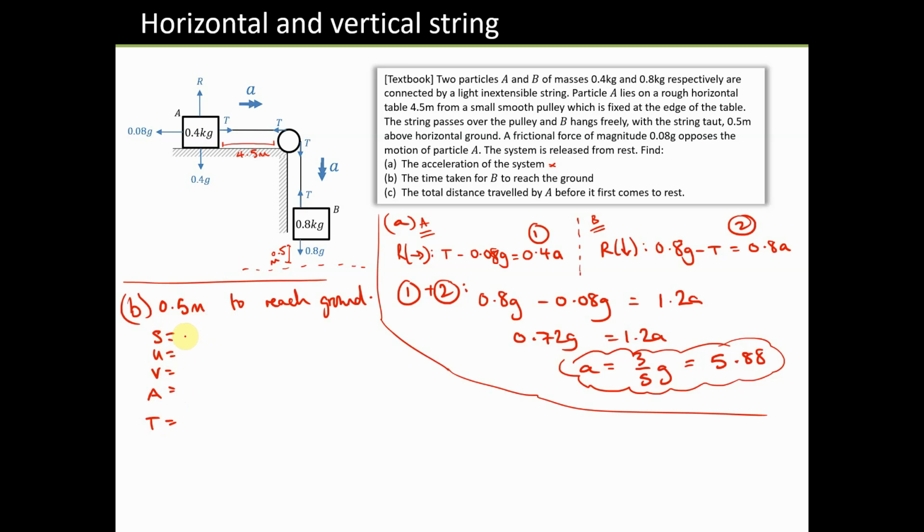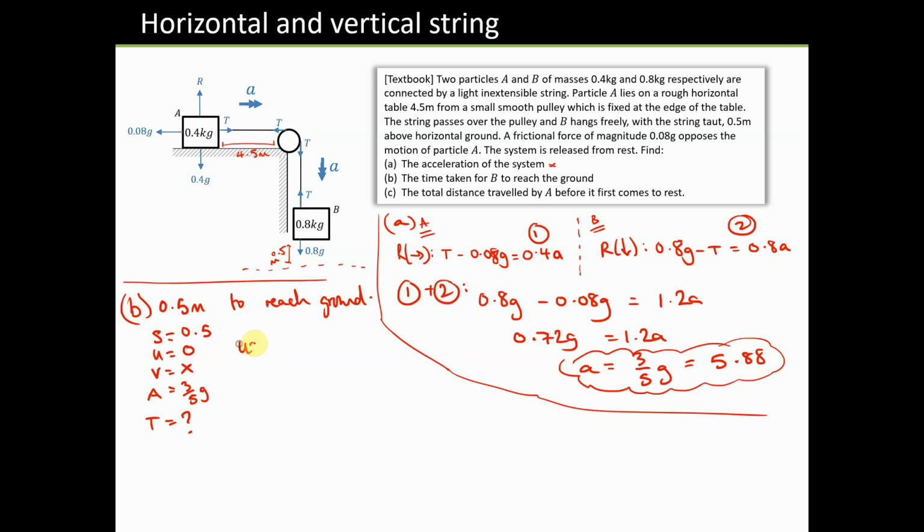So it's moving 0.5, it started from rest, we don't care about the final velocity. The acceleration is 3/5 g, and then the time, well, that's what we want to find out.